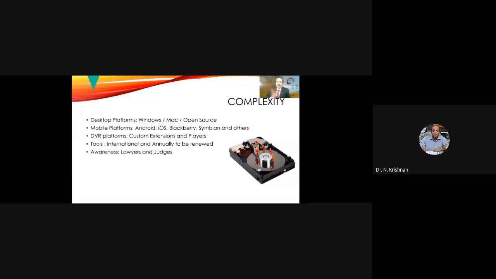One of the prime challenges we usually face is the awareness of lawyers and judges. Participants, I'm not wrong if I mention that there are a few states which are very, very backward in terms of digital forensics and digital evidence. They are not really open about digital evidence because they don't know the actual provisions of digital evidence, the provisions of 65B, provisions of 45A.